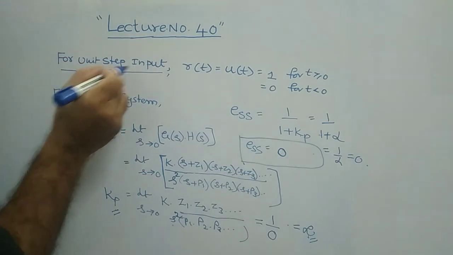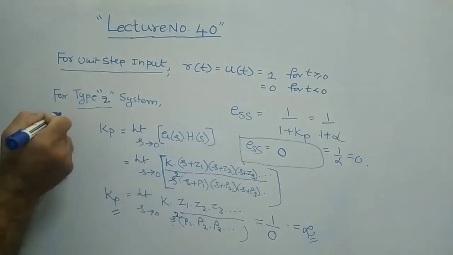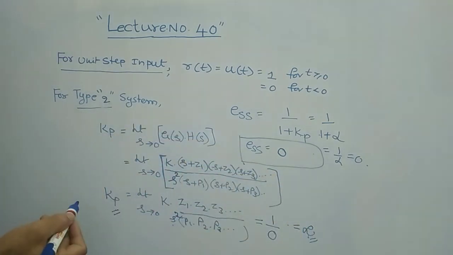So for the step input, what is the ESS value for type 0? What is the ESS value for type 1? What is the ESS value for type 2? Like that. Clear?